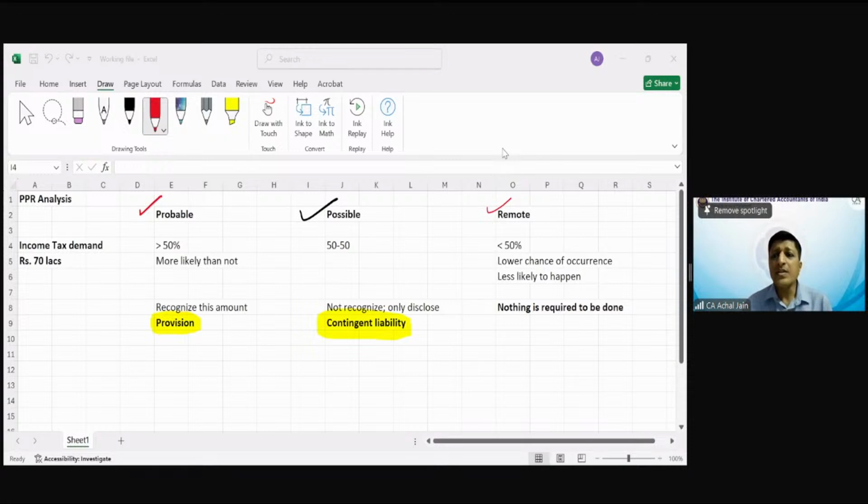Yeah, Rohan, clear on this? Nidhi is saying, I have a doubt. Income tax demand 70 lakhs are to be changed. Nidhi, I am not clear on your query. Can you please explain? Can you please speak up? Over to you. Yes, Nidhi, quickly, if you can just explain your query.